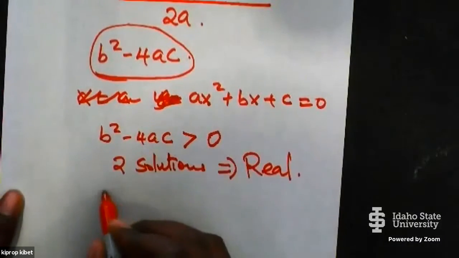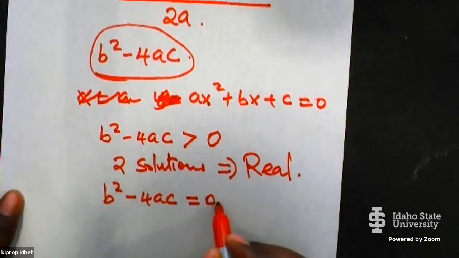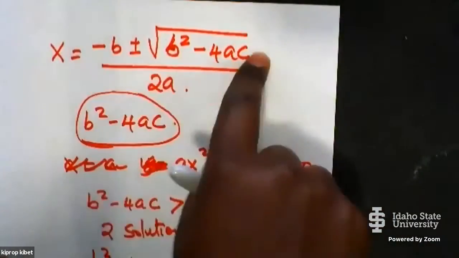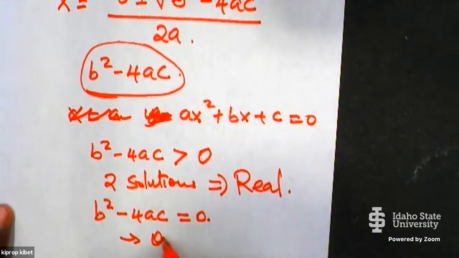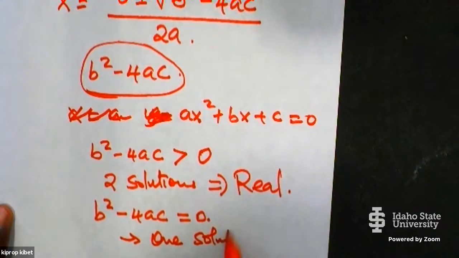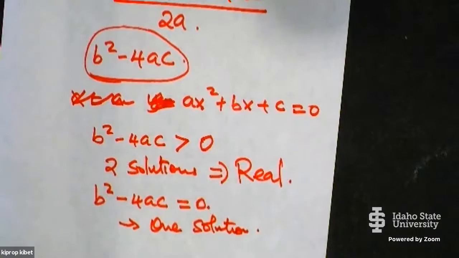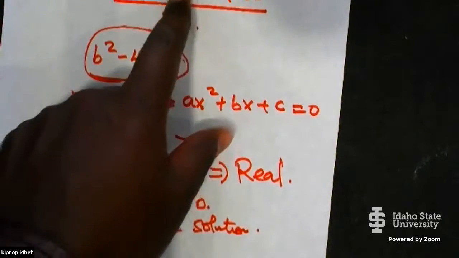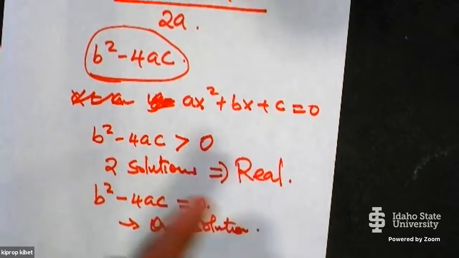When b squared minus 4ac equals 0, then we will only have one solution, so only one value of x. If it is greater than 0, we have 2 solutions, and they are real numbers.